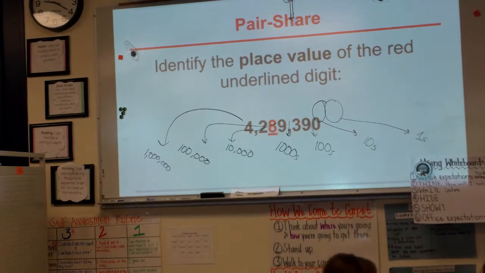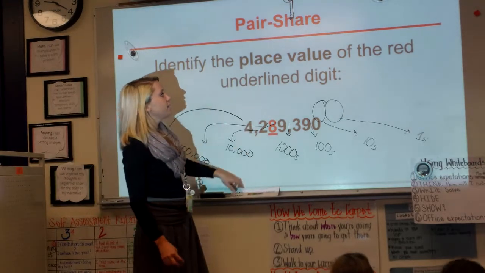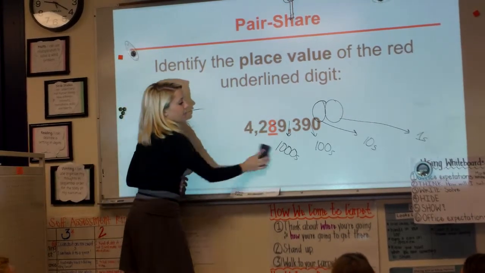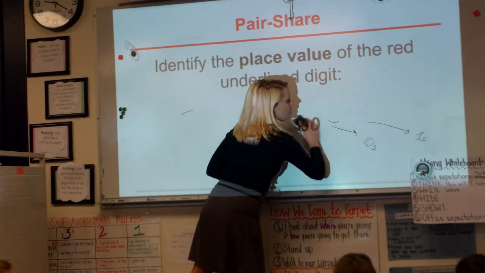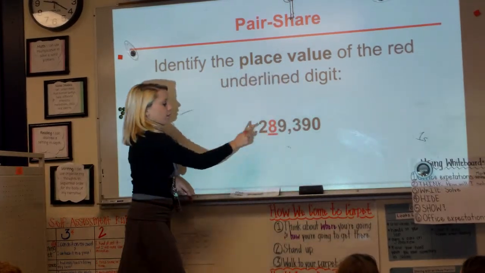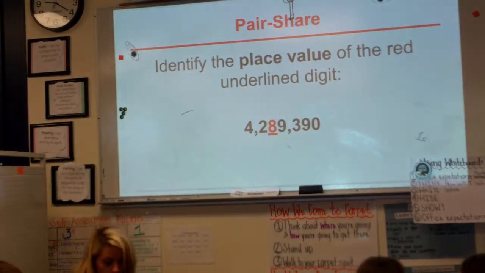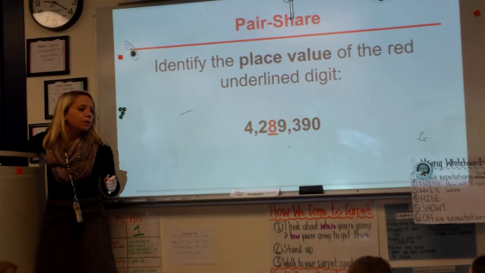What I want you to do with your partner now is to identify the place value of the red underlined digit. So what place value does the red underlined digit fall in? Go ahead and quickly talk with your elbow partner.